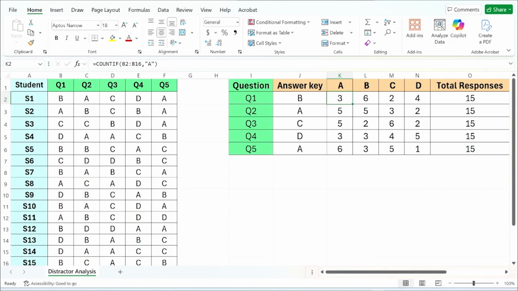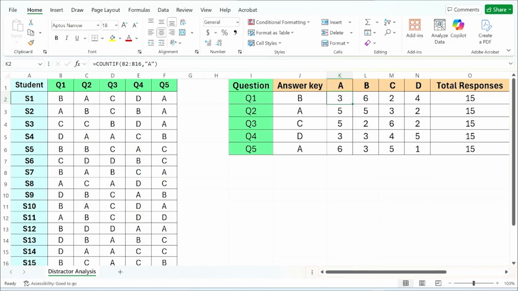Now, after they've done that, how to calculate the distractor index here? What do you do? Let's say for question number 1, option A. How many students choose option A?